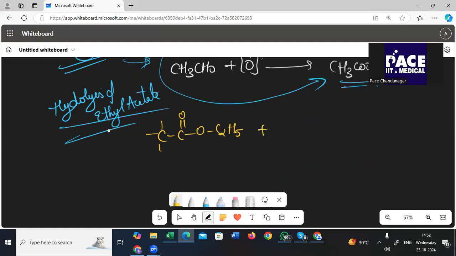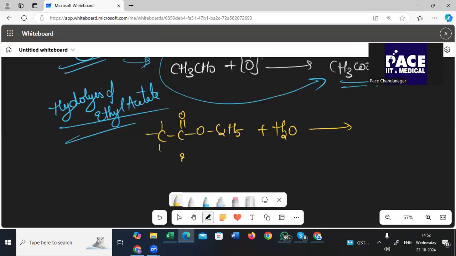We have already discussed the ester in the previous class. So please go through that recording very, very carefully. If not done that, please do that and come here. Please do the carbon compounds chapter and then come here. It will be easy for you to understand. Okay. So, and then H2O, hydrolysis of this ester.